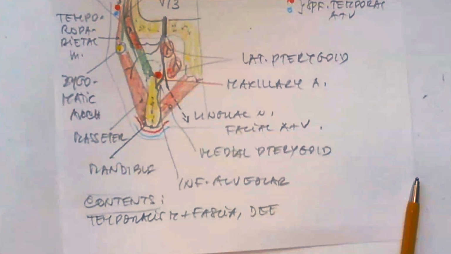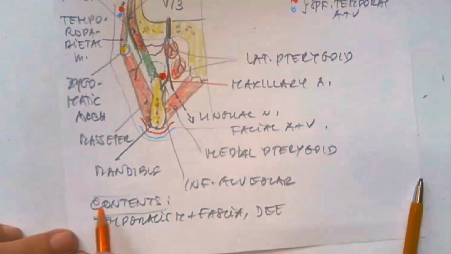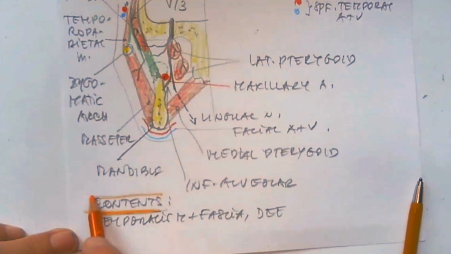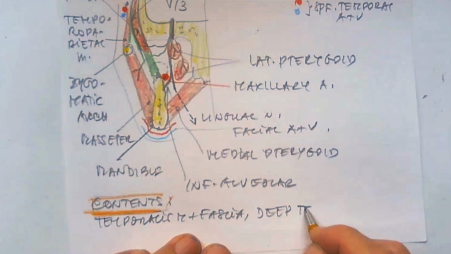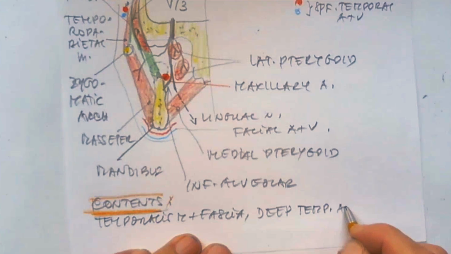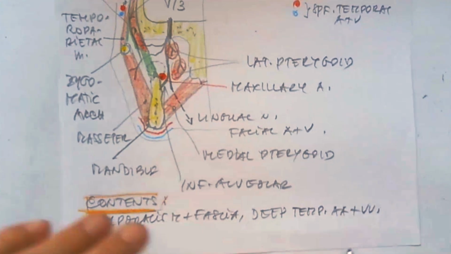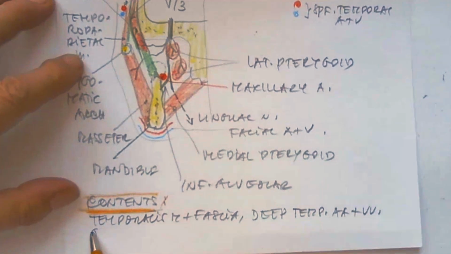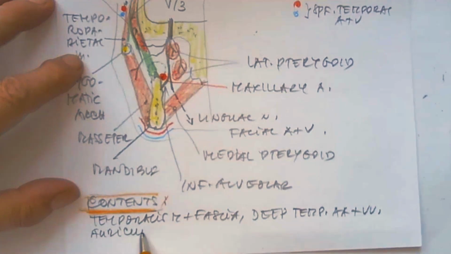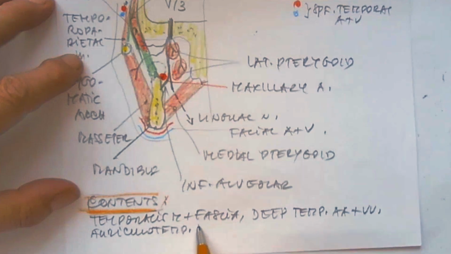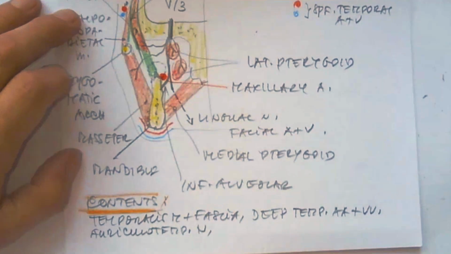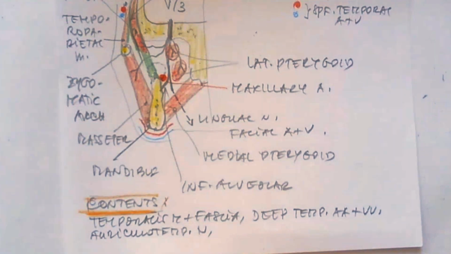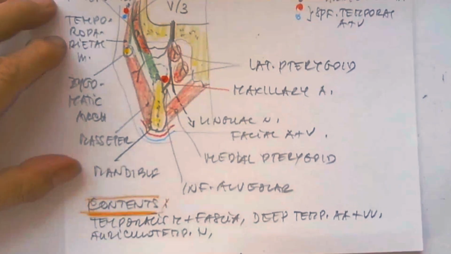This is the very last text for this moment. Contents, just some words. Deep temporal arteries plus veins, auriculotemporal nerve. We mentioned it also several times. Then what else?